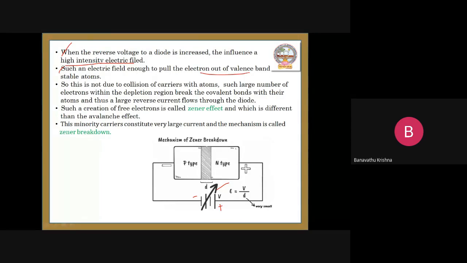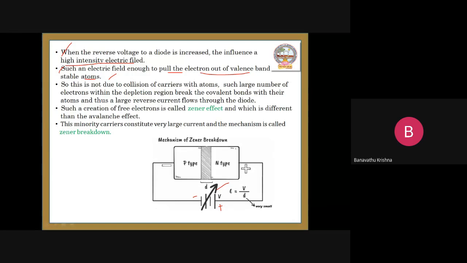As I told you before, when discussing this breakdown mechanism, there is a slight difference. If you understand it, then it is easy for you. I told you in the first two that it is a mechanism concept. Here in avalanche breakdown, they are moving, hitting and releasing. But here the high intensity electric field pulls the electron out of the valence band of a stable atom.